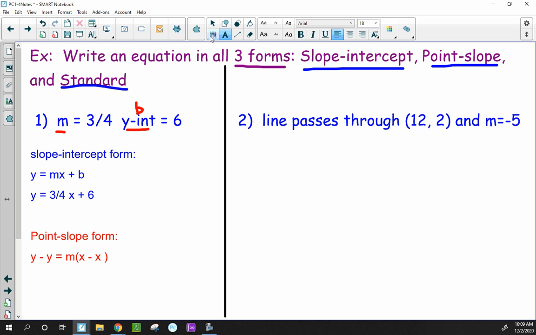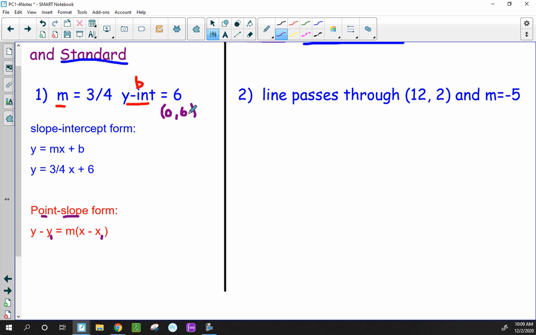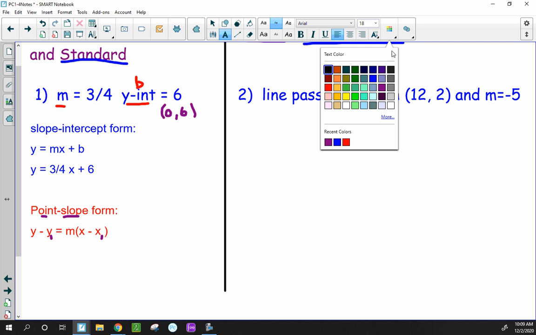Okay, so in this particular form, again, I need a point and I need a slope. So I have a slope, I have a point, it's just written as 6, but I can transform it into 0, 6. So this is one option you have. So if you go with 3/4 and 0, 6, then you can very easily substitute these in the appropriate places here. Okay, so let's try that.